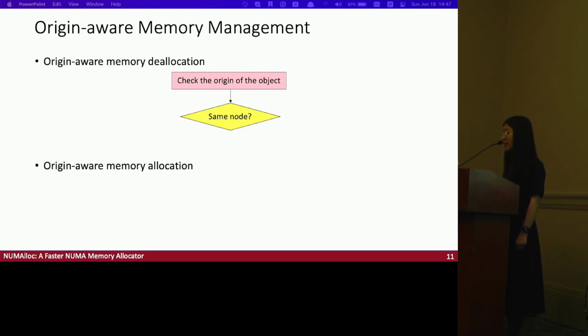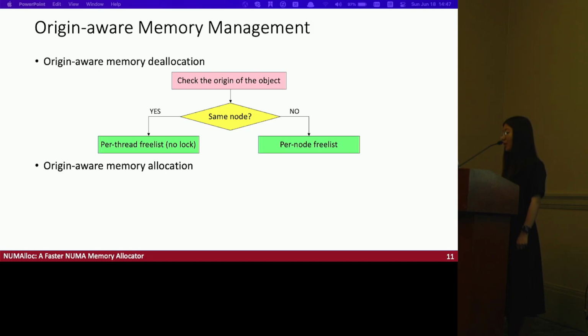If they are equal, then we will return the freed object to the deallocating thread's free list, which is lock-free. However, if they are not equal, then the freed object will be returned to the free list of its original node. This design guarantees that a freed object will always be placed into a free list with the same origin as the allocating thread, which eliminates the remote accesses caused by remote deallocation and ensures the locality of the free list.